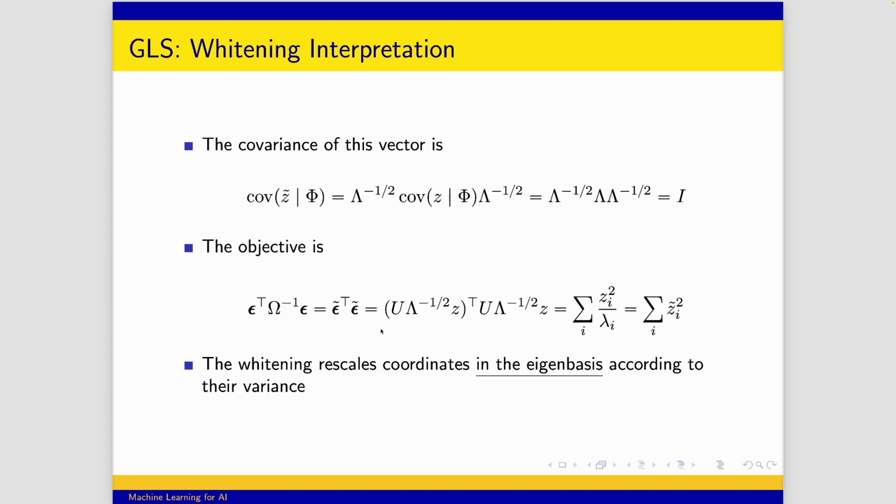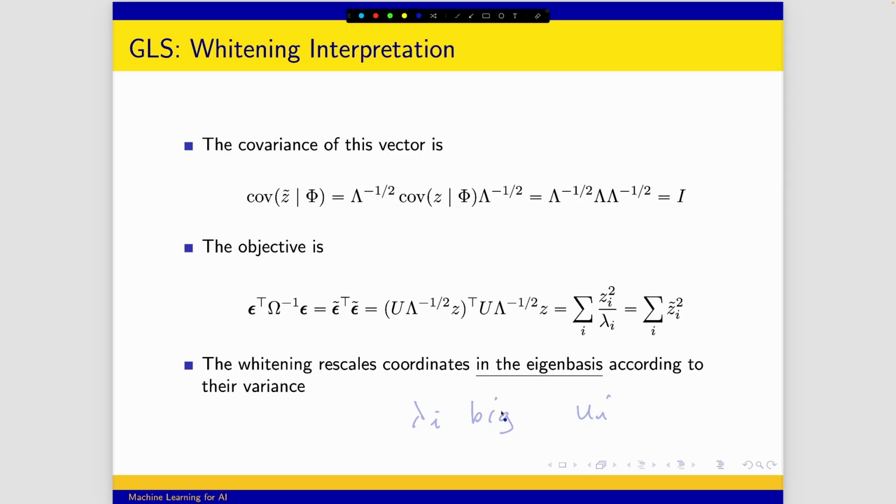So what is the effect of this? Let's think about it. Well, if lambda i is big, what does that suggest? It suggests we have a lot of uncertainty in the direction ui. Now, what does ui represent? This is not going to be for single observations. This is going to be for a mix of observations, corresponding to the direction ui. And if lambda i is big in that eigen direction, that suggests we have a lot of uncertainty. So what does this do? It downweights that squared error in the minimization if lambda i is big.